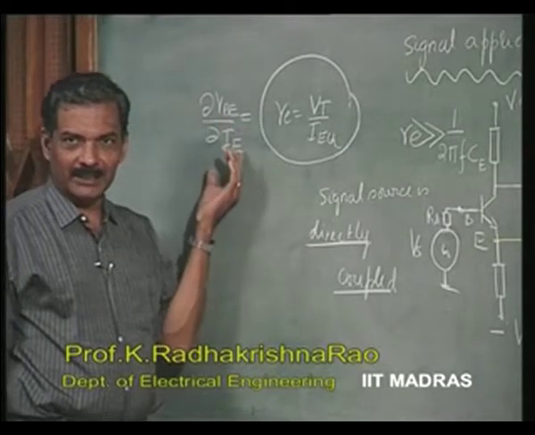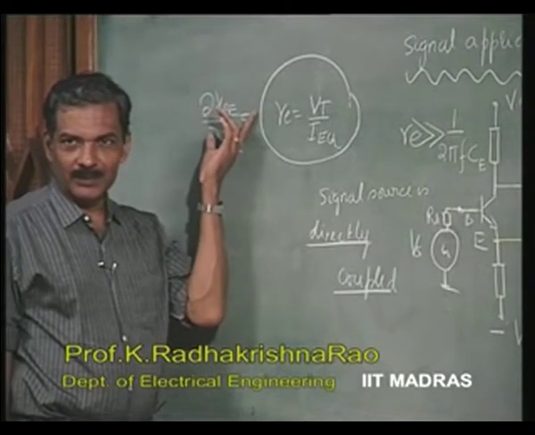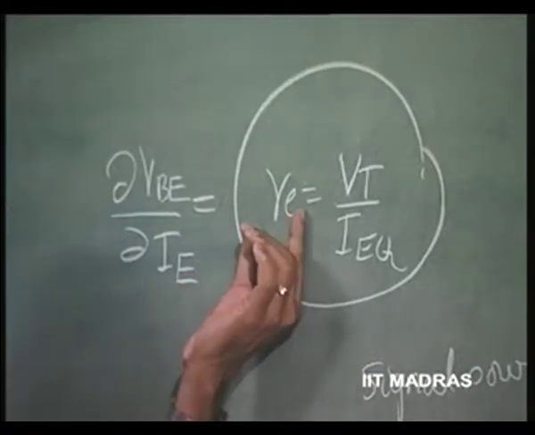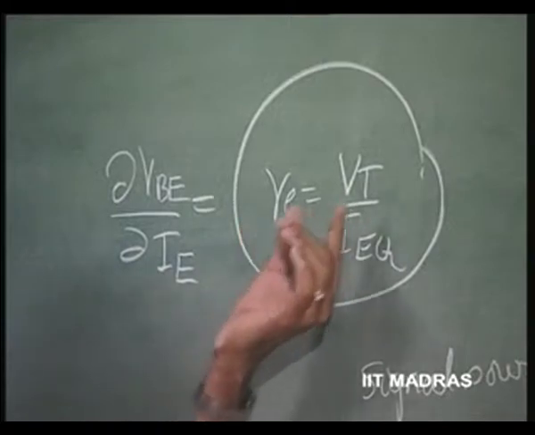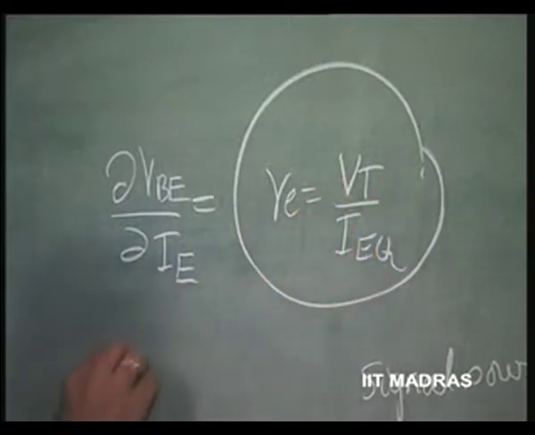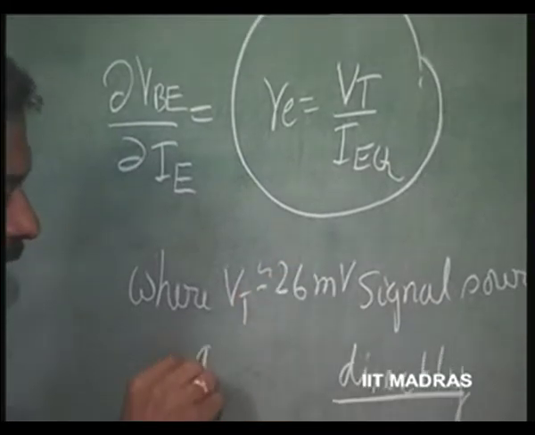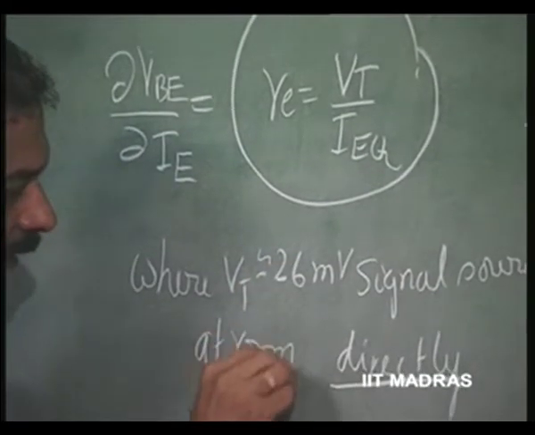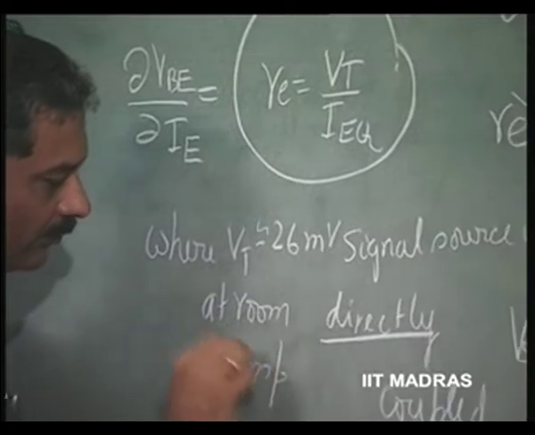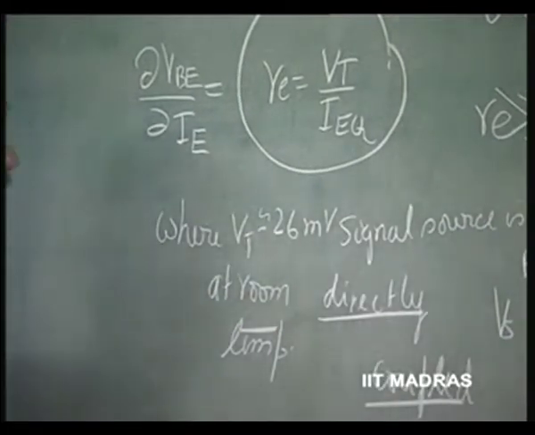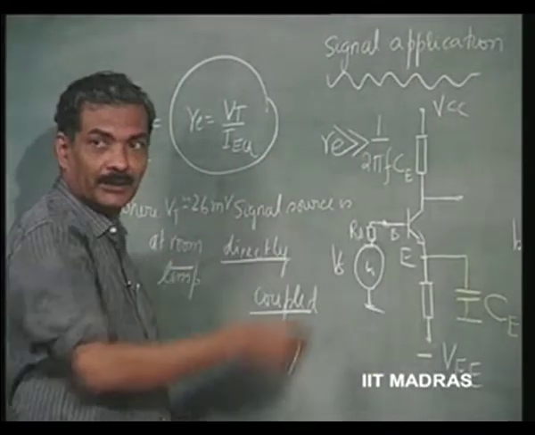Delta Vbe by delta Ie, small change in input voltage Vbe divided by small change in current, is defined as the small signal resistance at the emitter, Vt divided by Ieq, where Vt is equal to 26 millivolts at room temperature. So, this is a useful design equation.